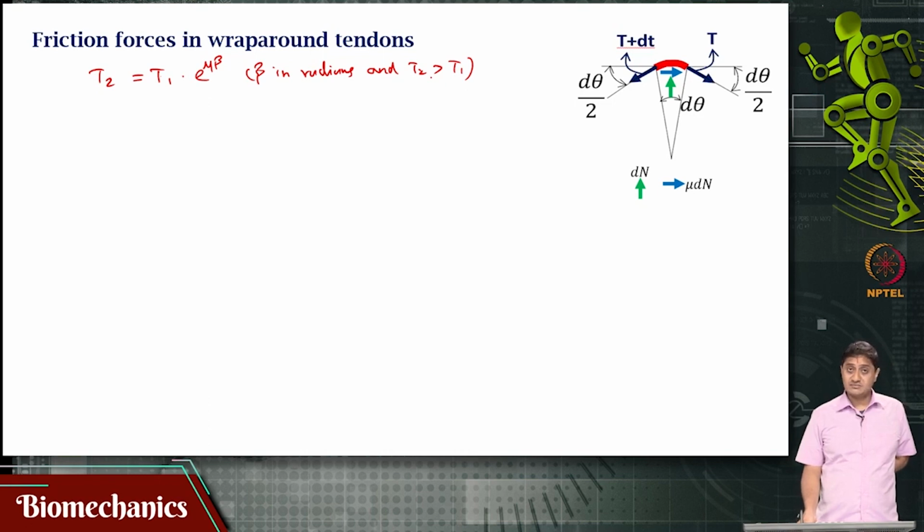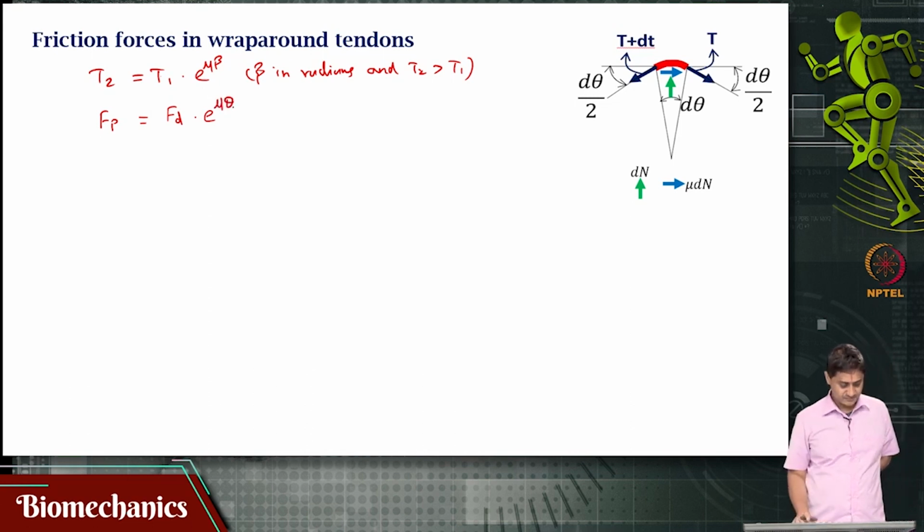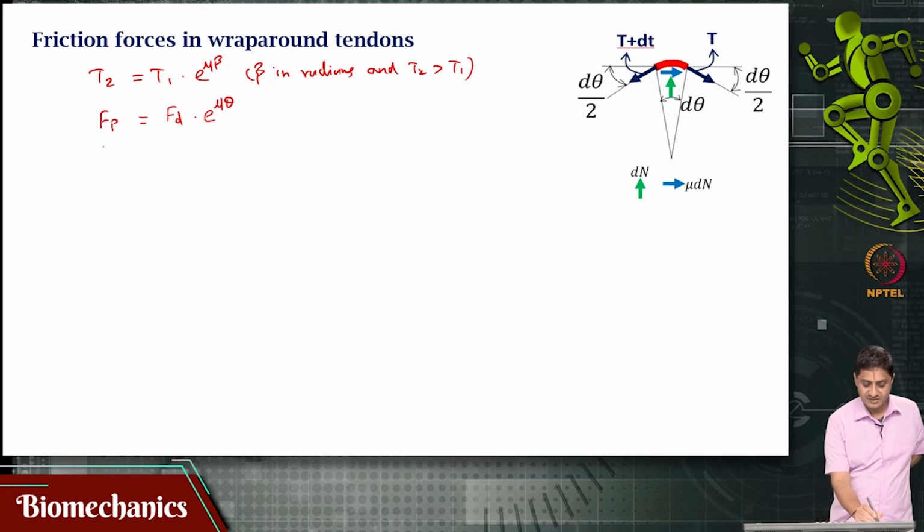In biomechanics, this is usually written as the force on the proximal side of the tendon is the force on the distal part of the tendon times e power mu theta, where theta is the angle of contact, mu is the coefficient of friction, Fd is the force at the distal end of the tendon and Fp is the force at the proximal end. Let me write this out. Fp, force at the proximal end of the tendon.